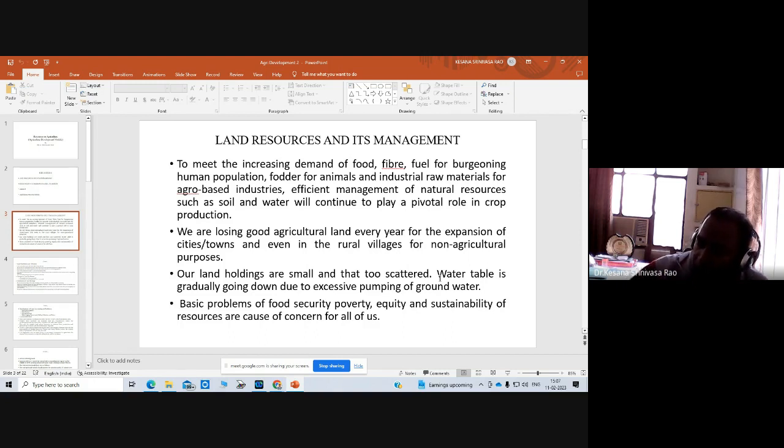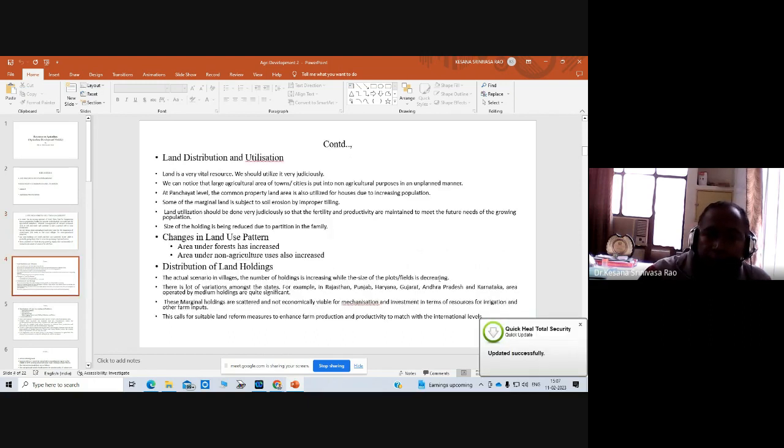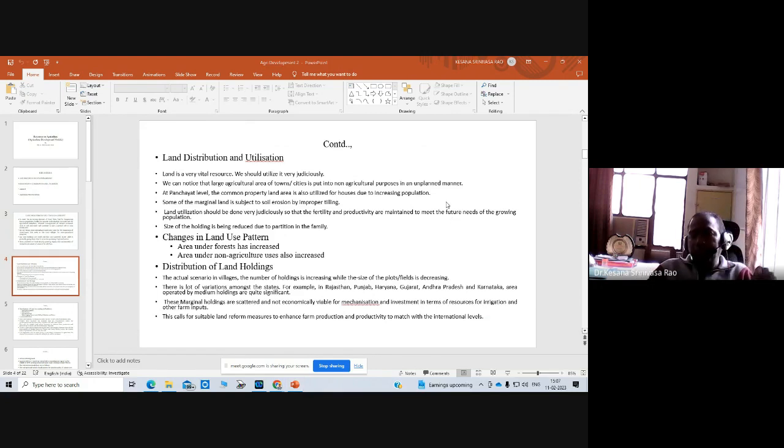So these are the basic things which we have to understand. We will go into depth on natural land resources and their management, then how the land is being distributed and how it can be utilized. That is another aspect we have to think about: land distribution.